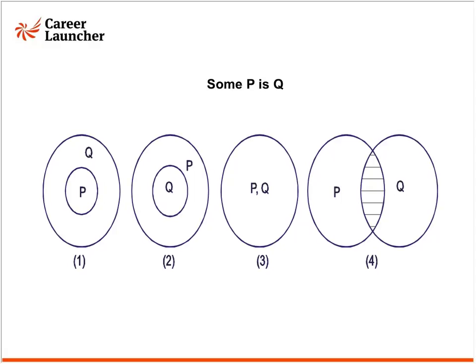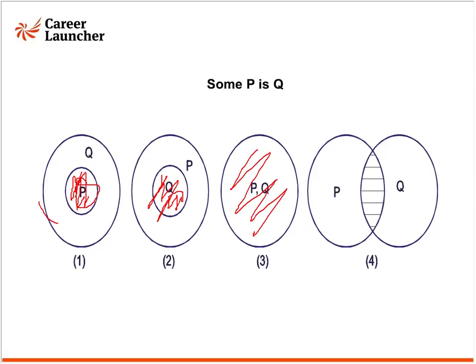Here we have this portion of P, and we can see that these P's are definitely falling under the category of Q. So yeah, some P is Q. Here again, if we reverse it, this portion of P is Q, so some P is Q. Here some P is Q is again valid, as we can see that this portion of P is Q. It can be all also.